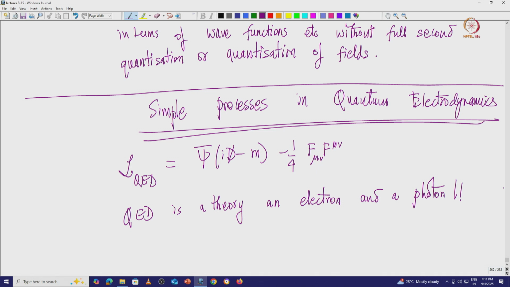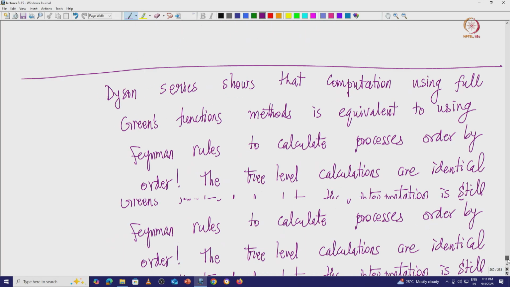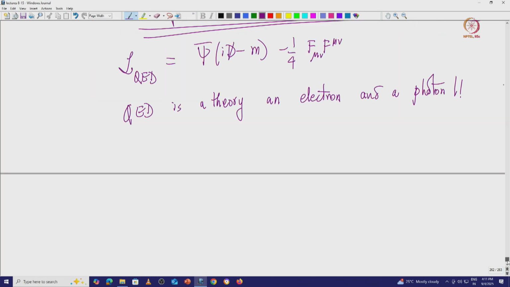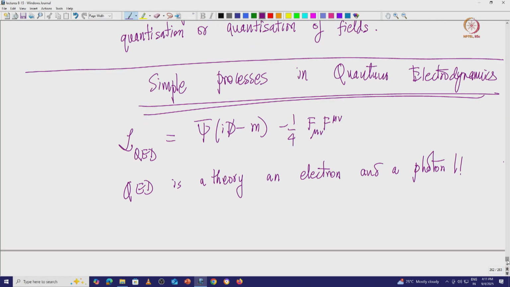That is all it is. It is just a theory of one electron, one photon. Electron means here electron as well as positron, both of them are there, and then you have a photon, which is the electromagnetic field. Now let us write down the Feynman rules for QED.